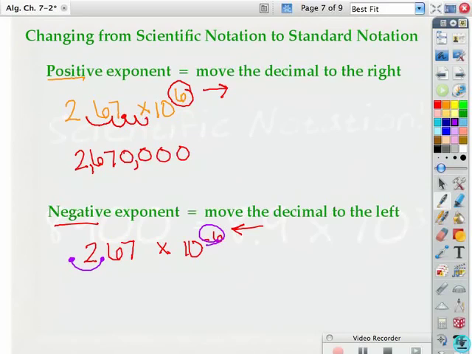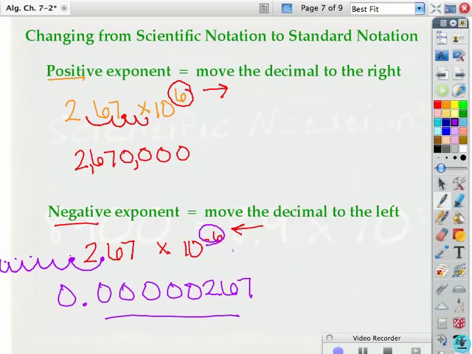Then from there, we still have 5 more times to move it over. 1, 2, 3, 4, 5. And then we fill in zeros in all of these spots. So we end up with 0, and then the decimal. We have 5 zeros, and then our number that we begin with. So this number is equivalent to this number in scientific notation here, standard here.